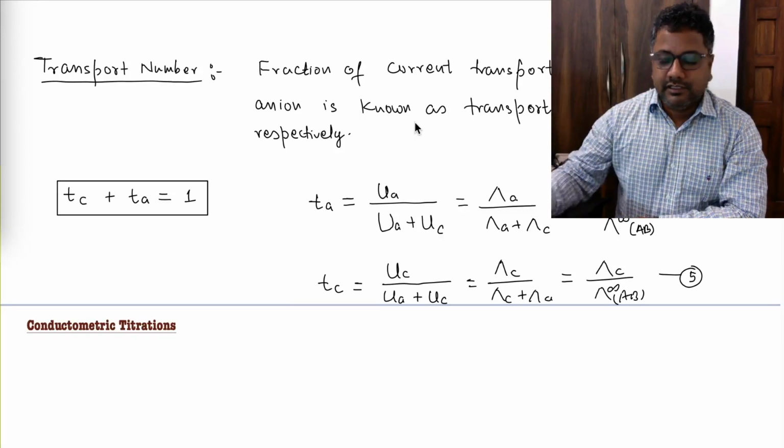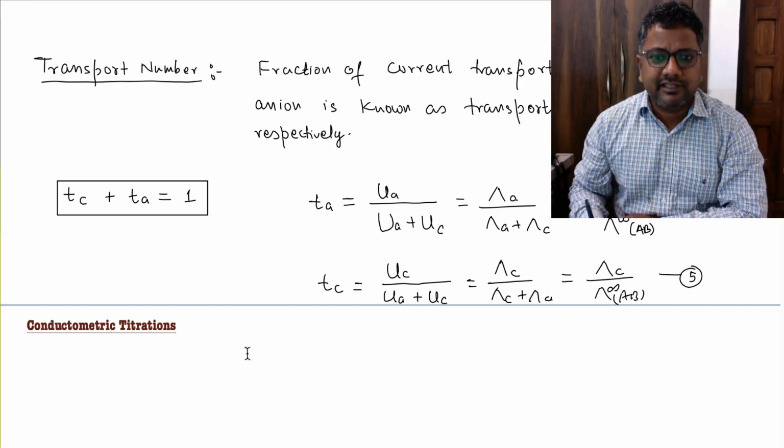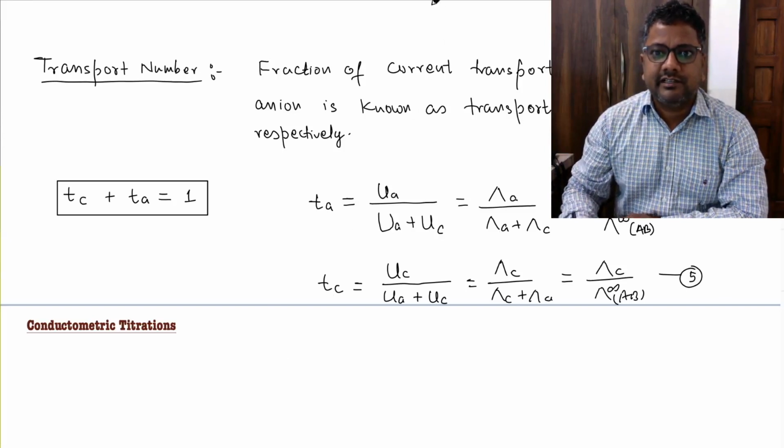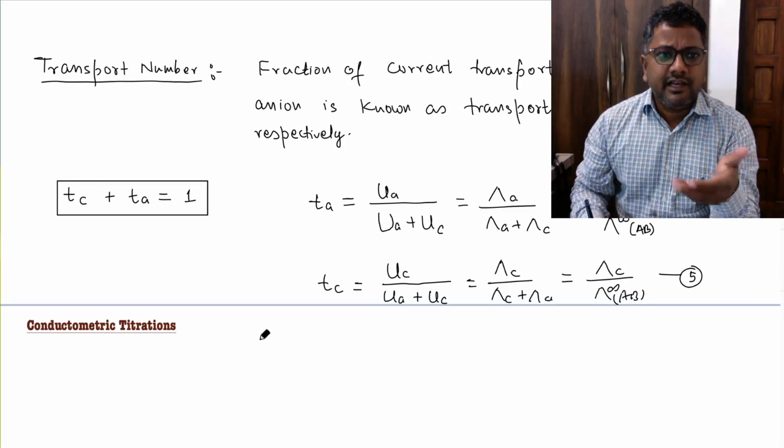Now see, conductometric titrations can be used not only for acid-base titration, to detect the end point in an acid-base reaction, but in any kind of precipitation reaction also.